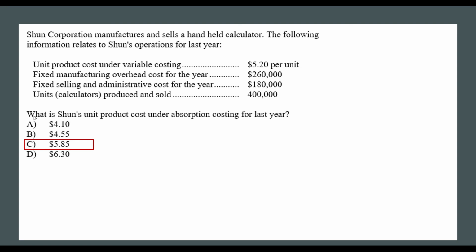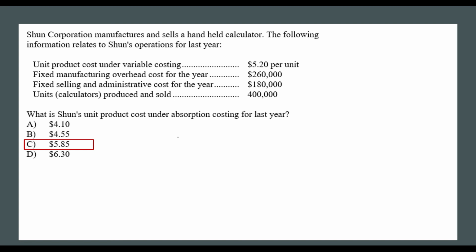We only divide it by the units produced. In this case, your produced and sold is the same. So we will divide $260,000 by 400,000 to get your fixed manufacturing cost per unit that is to be added to our unit product cost under variable costing. And then we add the two, and it will give us the correct unit product cost under absorption costing.